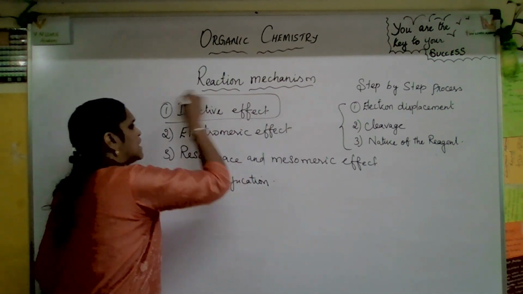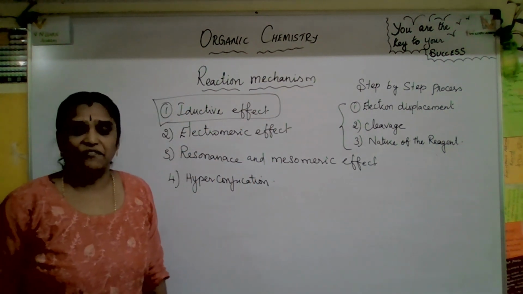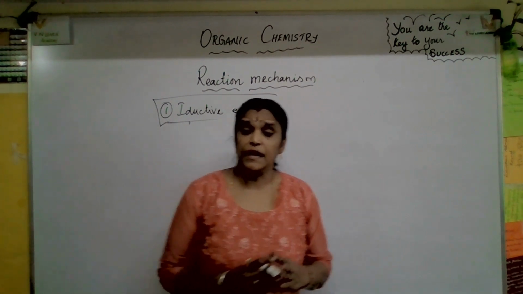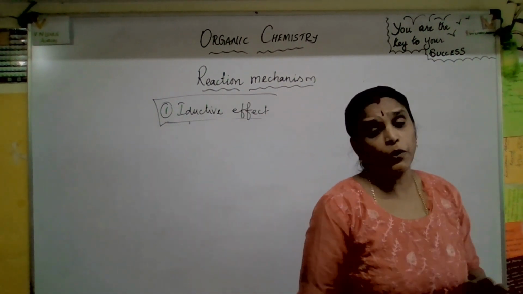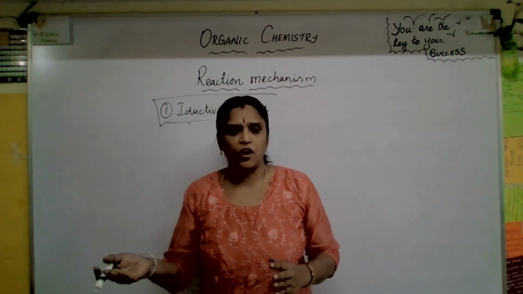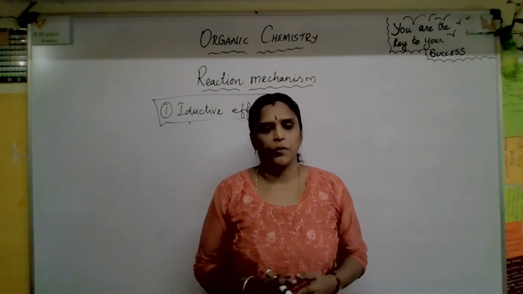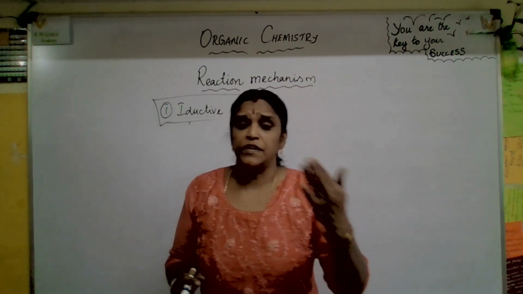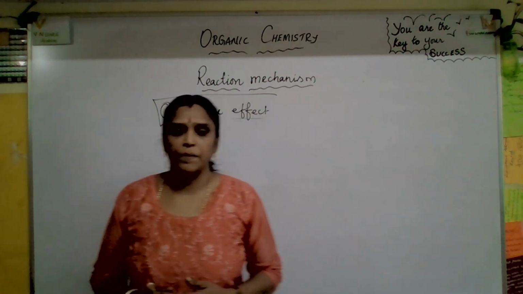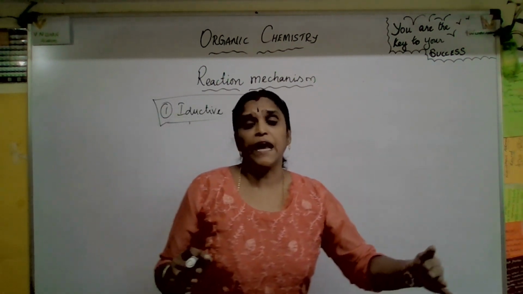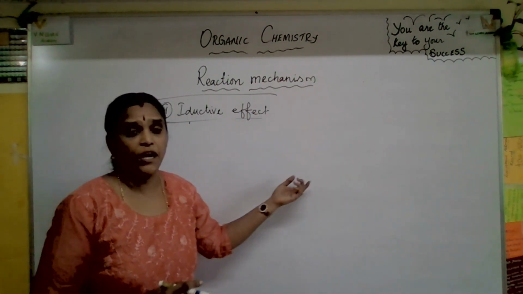First and foremost, the inductive effect, because generally a covalent bond is formed due to the contribution of electrons by two atoms. If the two atoms are similar, what bond formation? If they are different atoms, what is the bond formation? Let us go.